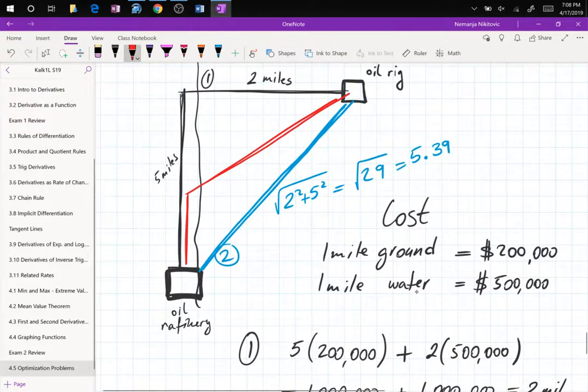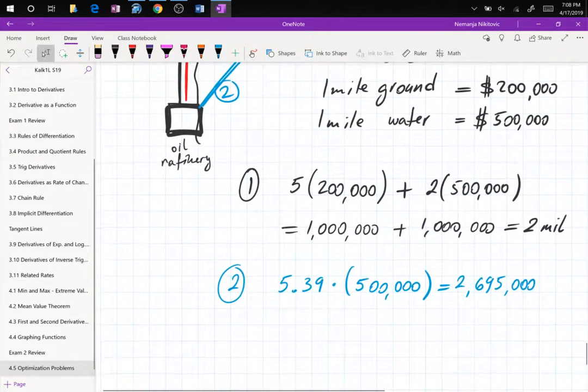You take a solar calculator on a sunny day, push some numbers, you're done, right? Now the red one requires calculus because we are going to run as much on the ground as calculus says, and then the rest goes underwater, and that's guaranteed because we are using optimization to find the minimum cost. So what do I do? Minimum cost.